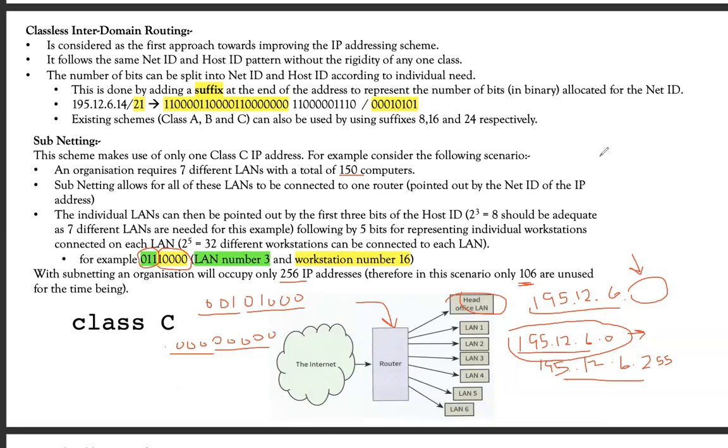It's better than wasting 1642 IP addresses, which would have happened if we had 7 different net IDs, each with 256 addresses, so I would be using 1792 IP addresses while only needing 150. This subnetting approach allows for 256 IP addresses, 150 will be used, and 106 will not be used. And you may need them later on because your company is growing, more people will start joining, and so on. So this buffer might come in handy in the future.